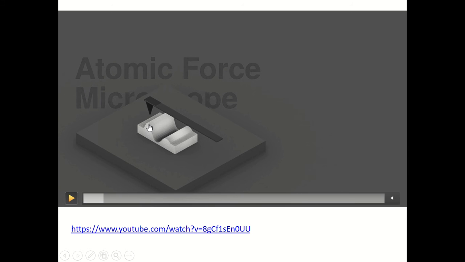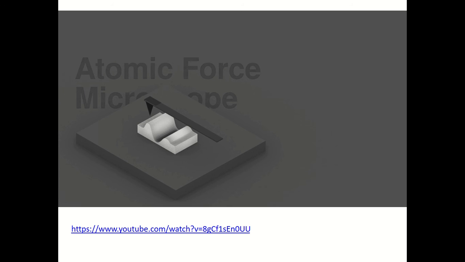It is nothing but the atoms and voids on the sample surface. This is again an atom. And this is the cantilever, and the main important part of the atomic force microscope is the tip. So this tip is made up of silicon or silicon nitride. It is a very sharp tip, and this tip has a radius of 20 nanometer at the apex.